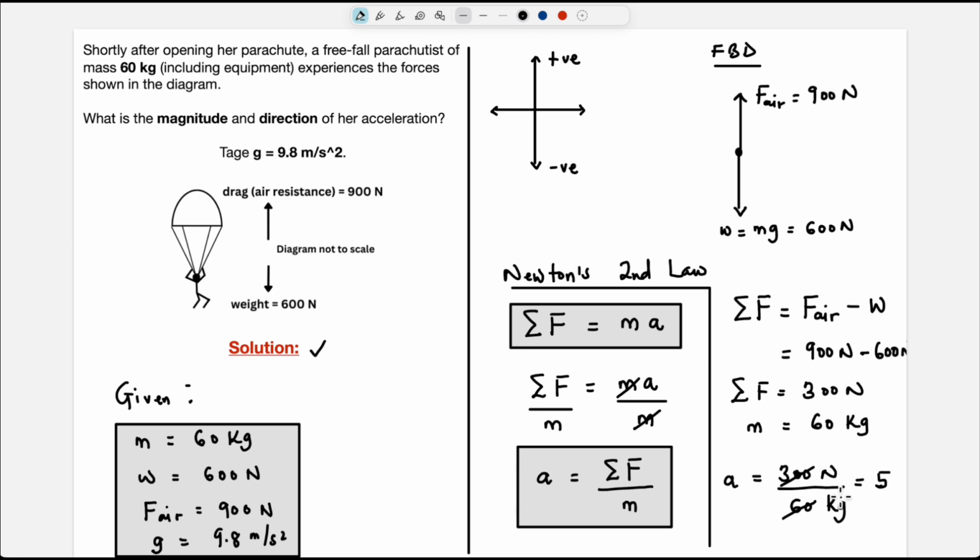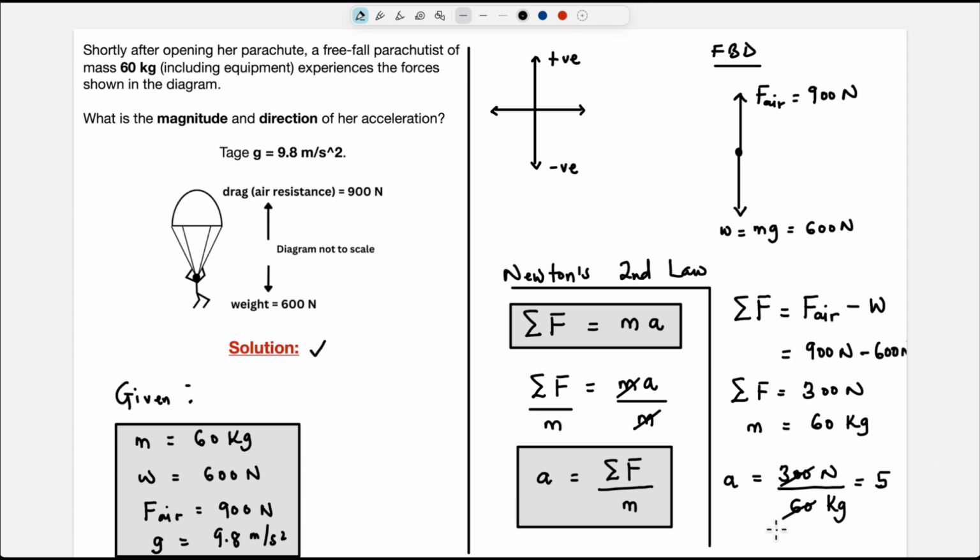However, we know the definition for a newton is the force required to accelerate 1 kilogram of mass at an acceleration of 1 meter per second squared. So in that case, we can see that this newton is nothing but kilograms times meters per second squared. So the kilogram will cancel the kilogram, and then we will be left with meters per second squared.